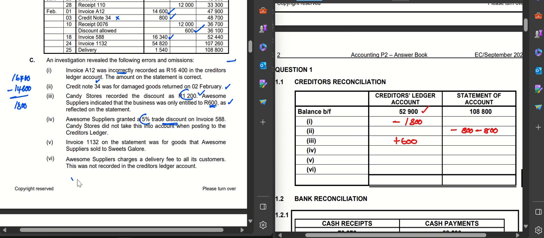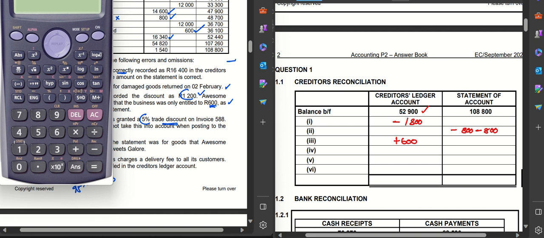So the amount before trade discount was 100. And the amount after the trade discount, that is on the invoice, is now 95. Then we multiply this by 16,340. We want to know how much it was before the discount was given. All right, so we're quickly going to calculate that.